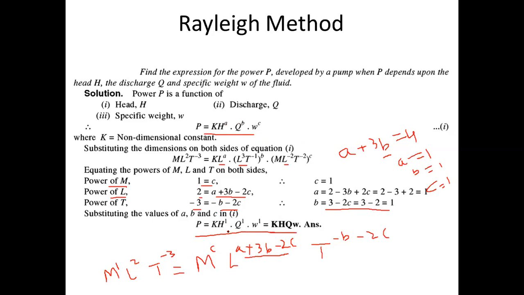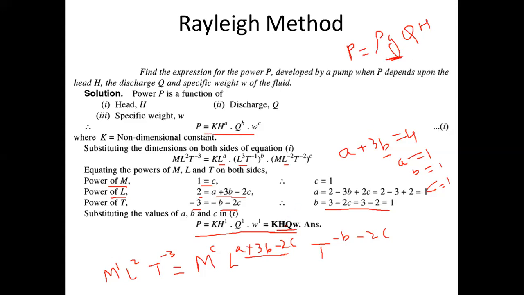So power is equal to K into HQW. Even if you see the relation of pumping power, which we are going to learn in unit 6 also, pumping power is equal to rho G QH. This is the formula of pumping power. Rho G is weight density, rho into G is weight density, Q into H. That is what we have derived here also.